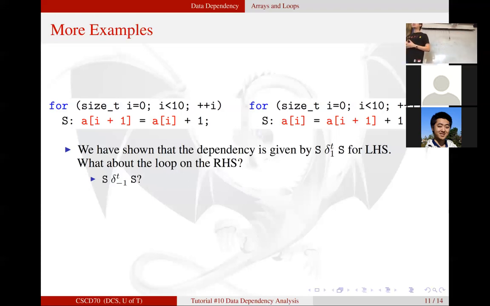So what data dependency are we having here on the right-hand side? What do you think?